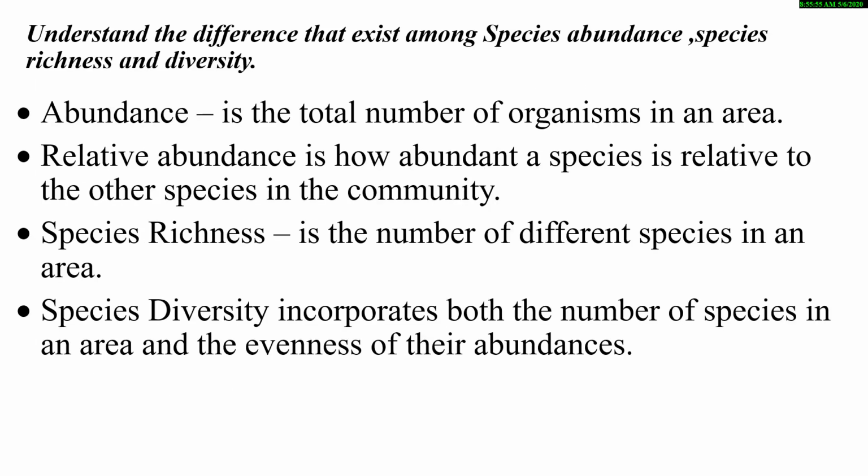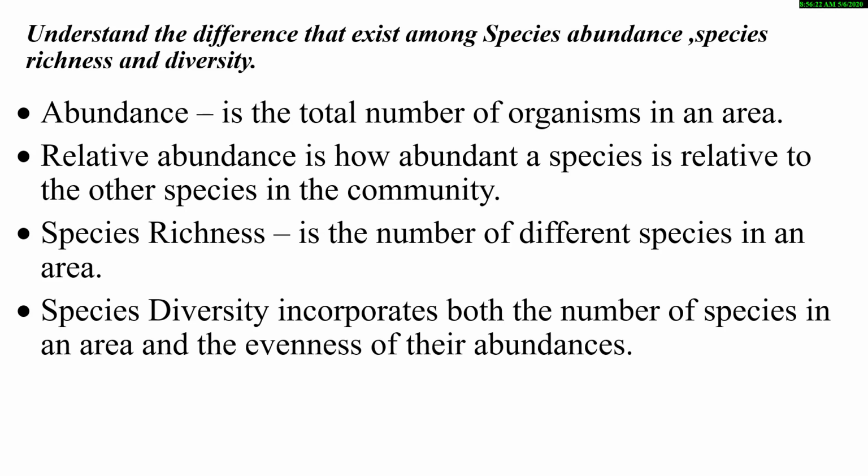Before we continue, let us try and understand the differences that exist among these terminologies, because we'll be using them in this lecture. Abundance. What do you mean by abundance? Abundance is the total number of organisms in an area.